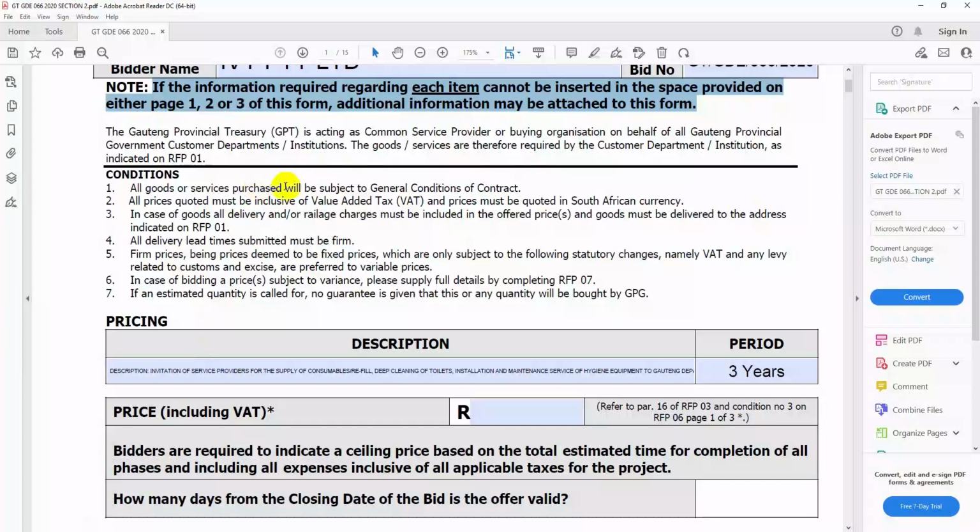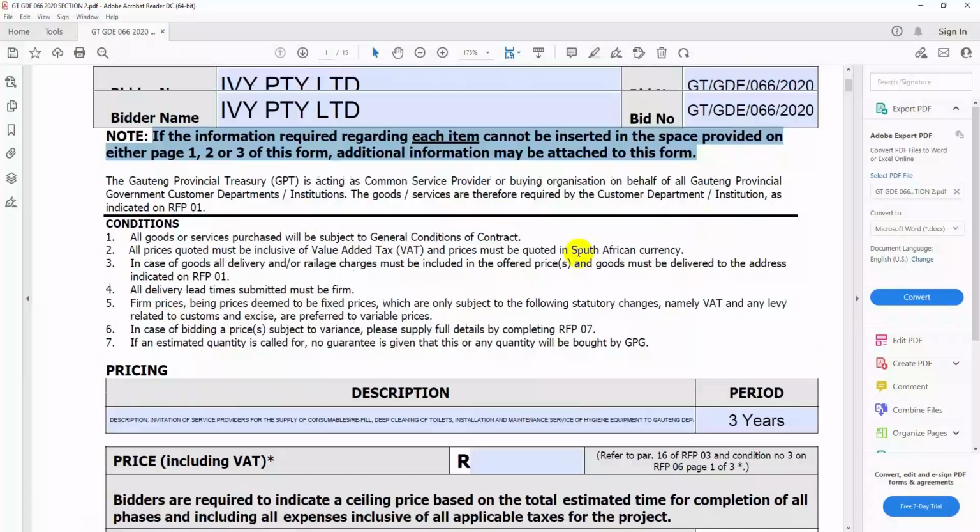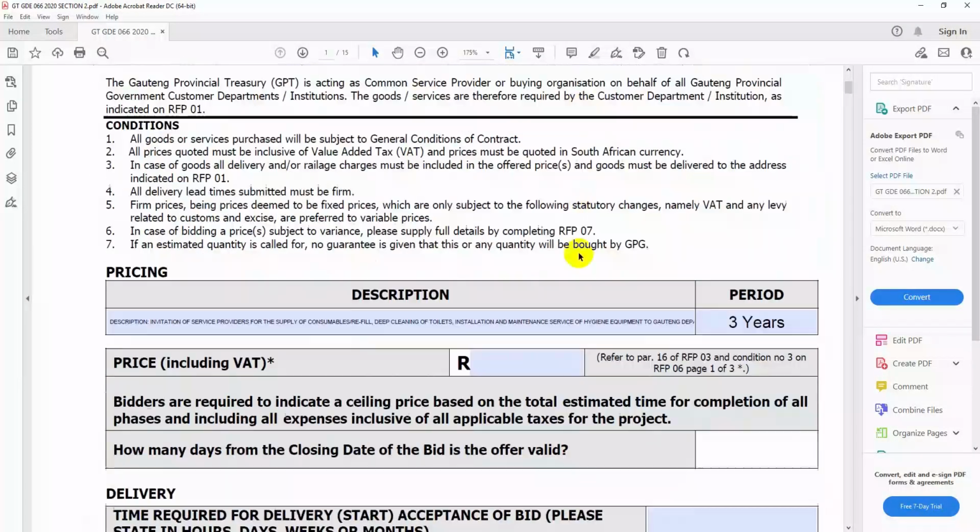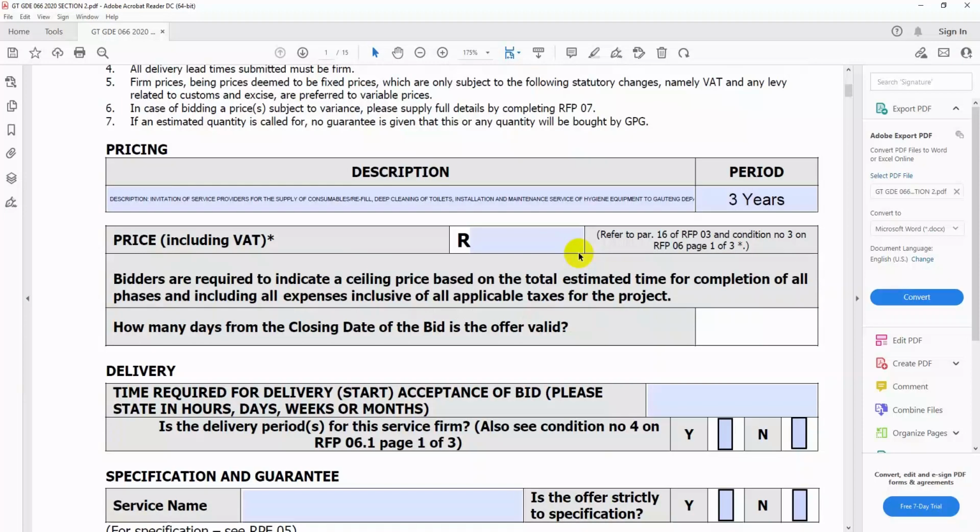This is not admin compliance, it is now the deep part of the document. So this is still the description. At least they've given you the description here and the period. So now when you are going to quote, please, I'm saying this again, take note of the period. You are not rendering this service for 1 year.